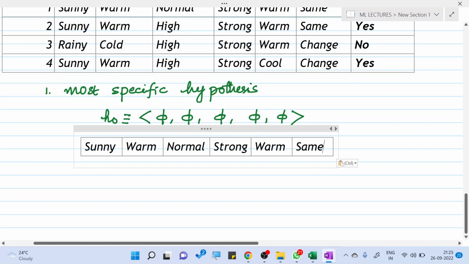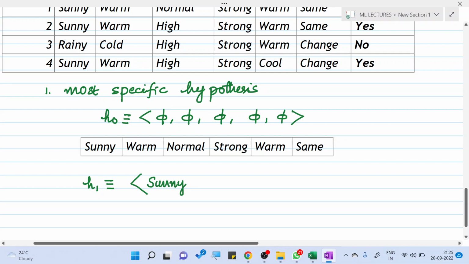Now take the first example and let us try to update our hypothesis by this example data. So what is H1? The H0 is phi, no value is accepted, and here it is saying if the weather is sunny, he may go and enjoy the sport. So I will update my hypothesis which is not accepting any values with the values which are resulting in positive, C of x is equal to 1.